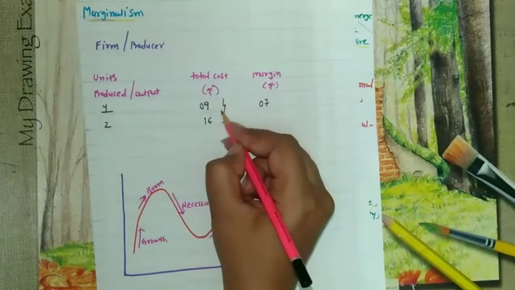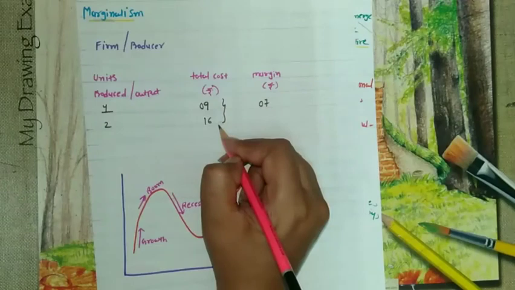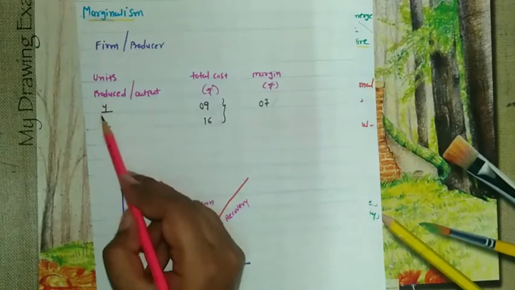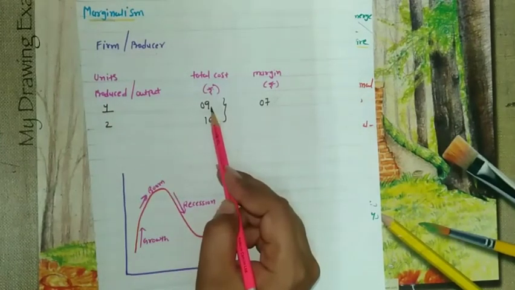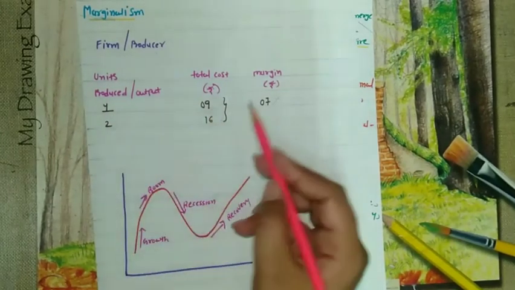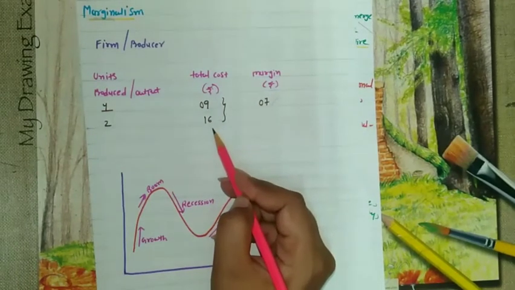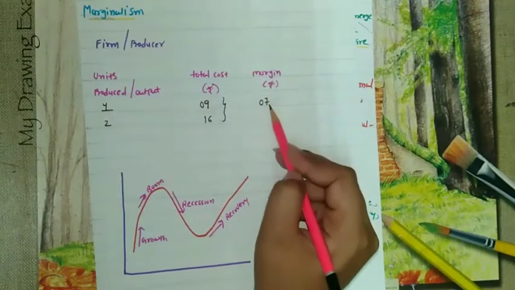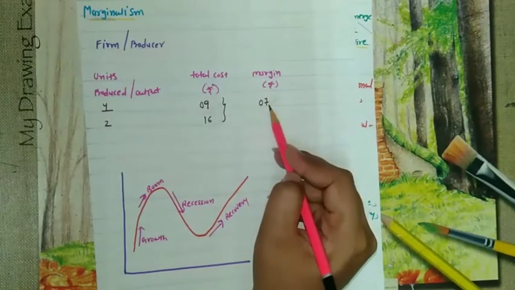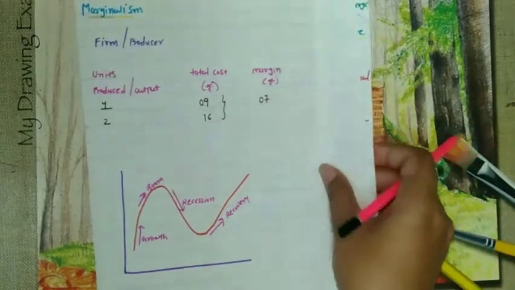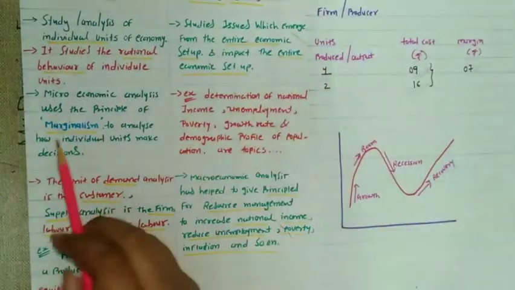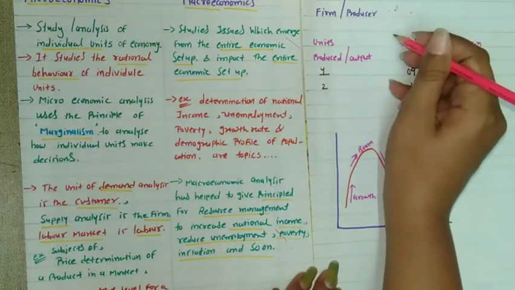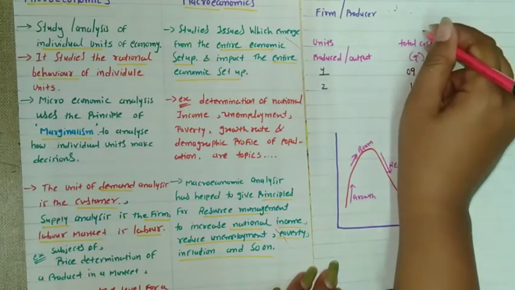Now the difference between these two is known as margin. Again, 1 unit costs 9 rupees, and 2 units cost increased to 16 rupees. The difference between these two is 7, and that is known as margin, the gap between the two.